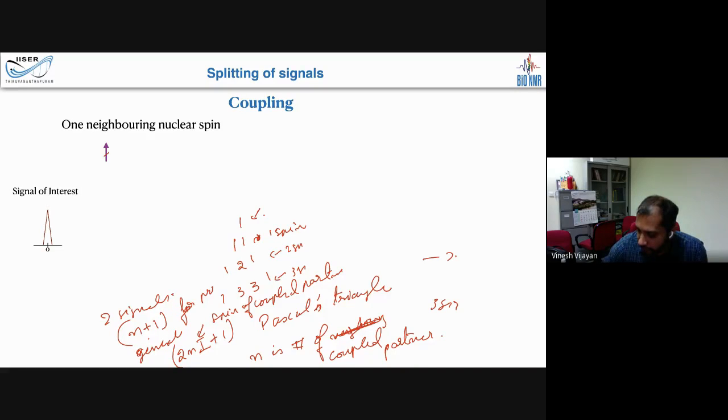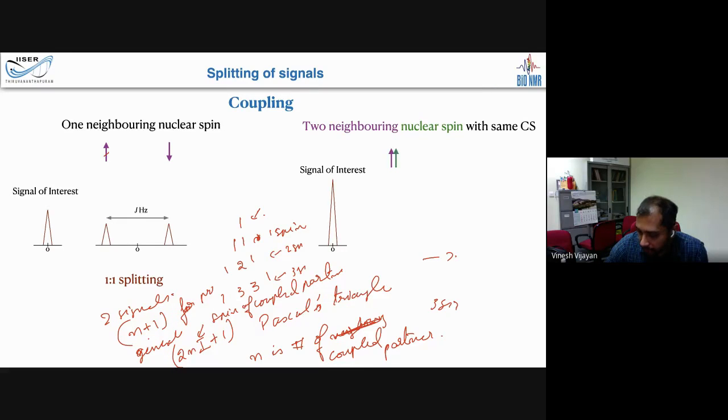For here you had 3; you have 2 coupled partners, hence the number is 2+1, 3. Here you have n equal to 2 because you have 2 neighboring coupled partners, so n+1, 3 peaks.